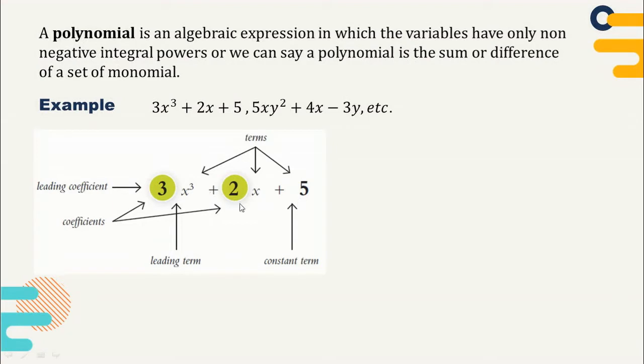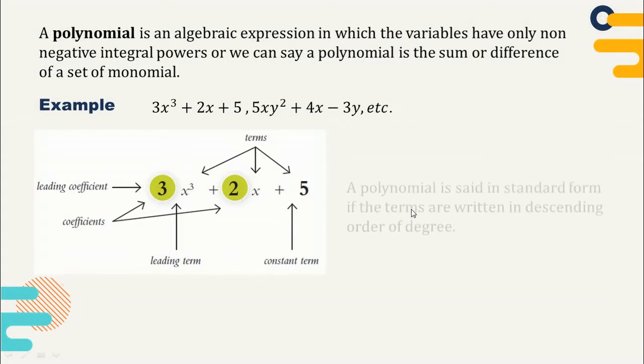The highest power is 3x^3, so we call it the leading term. From the leading term, we have the leading coefficient, so here the leading coefficient is 3. And the coefficients are 3, 2, and 5, everyone.